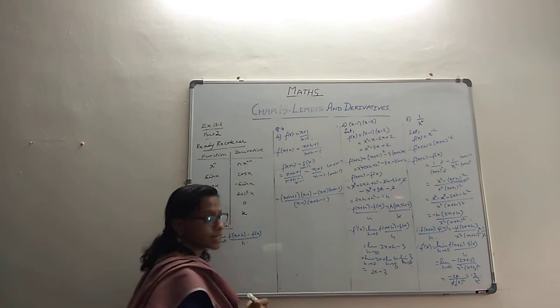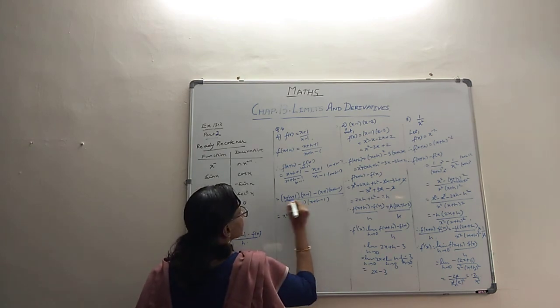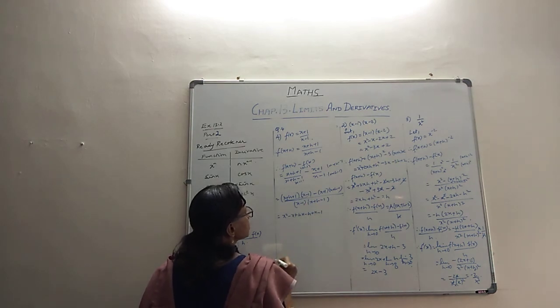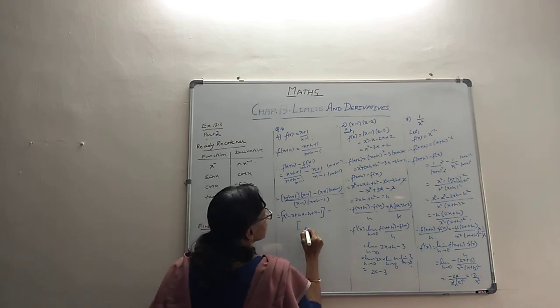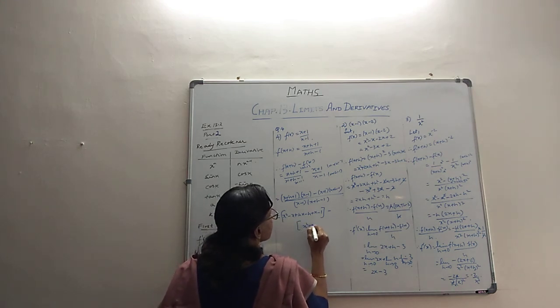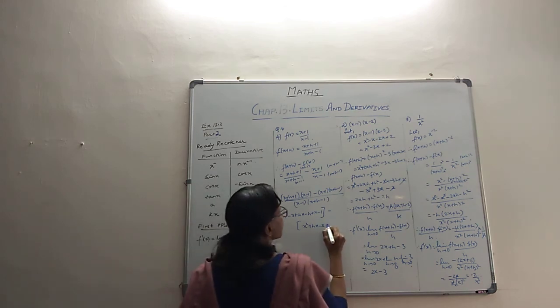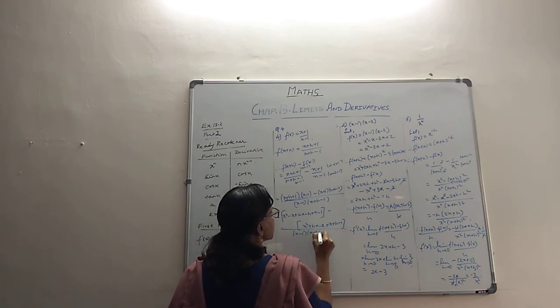Let's open the brackets and see what comes. So x squared minus x, then hx minus h, then x minus 1, right? Then next step. First x, so x squared plus hx minus x, then 1. So (x plus h minus 1) by (x minus 1) into (x plus h minus 1).